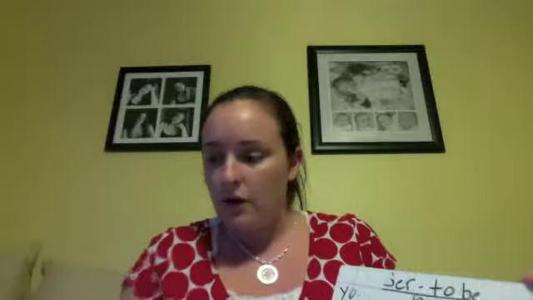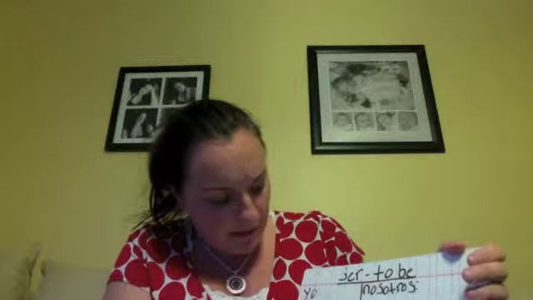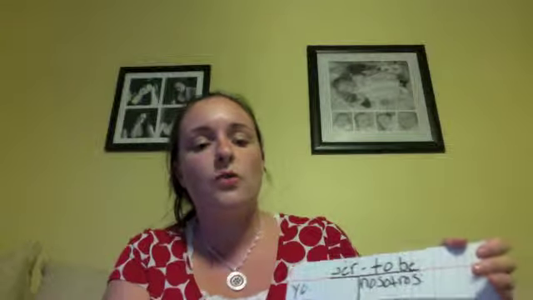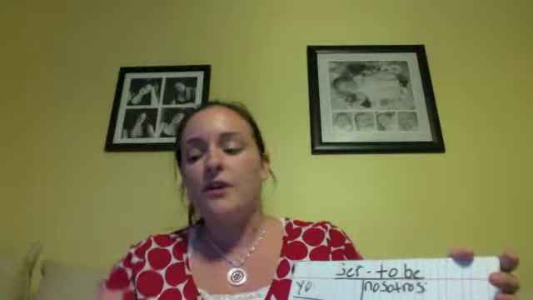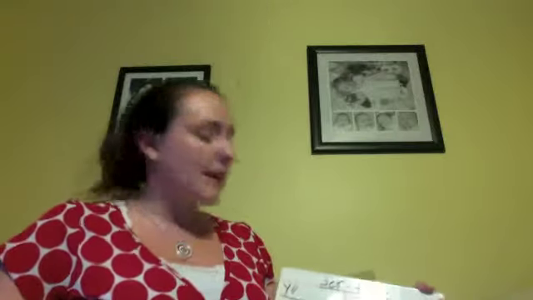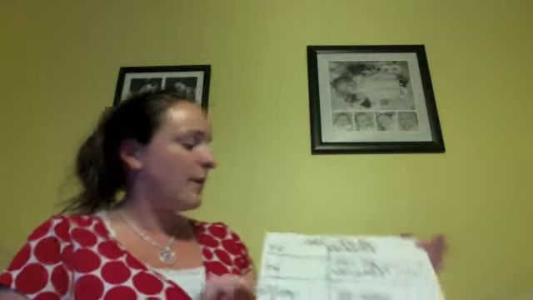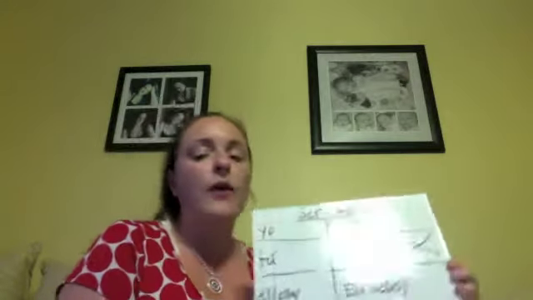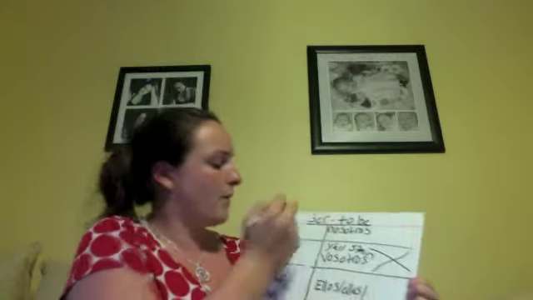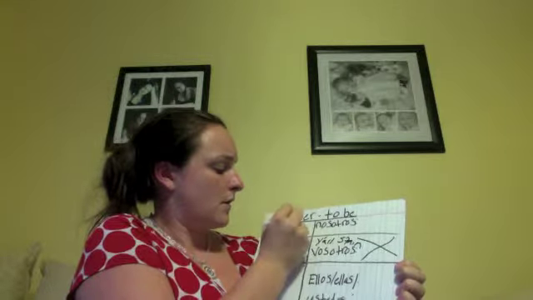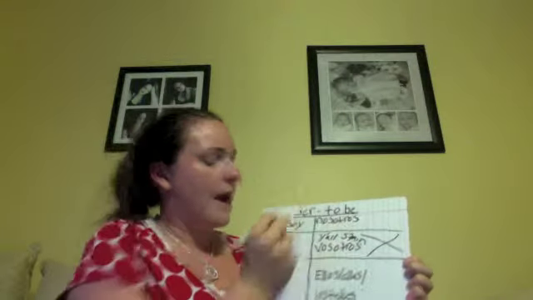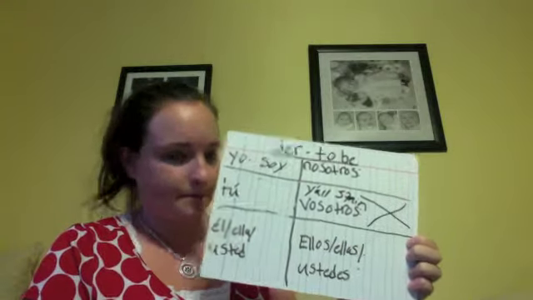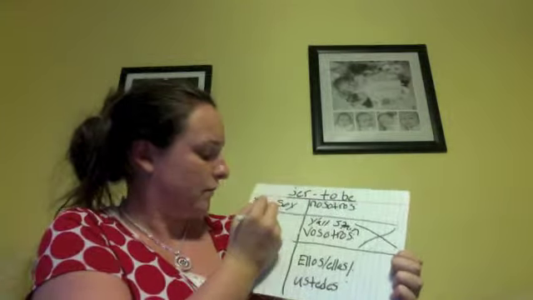All right. So let me erase some of the stuff that I put in these boxes. Looking back at the ser notes, we have to figure out how to say ser in these different subjects. So I've got yo. How you say ser in the yo form is soy. S-O-Y. Soy means I am. Then you've got tú.